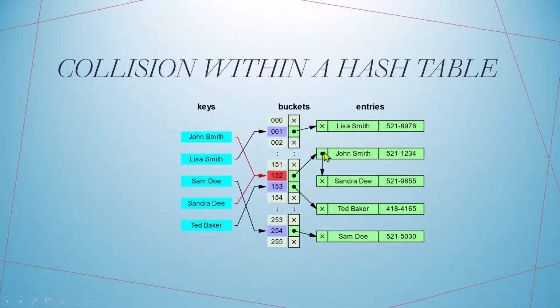One way is, as is shown here, it will chain all the values that have the same hash code. And the other method is that the hash algorithm will compute a new code and check that it has not been assigned to another key.